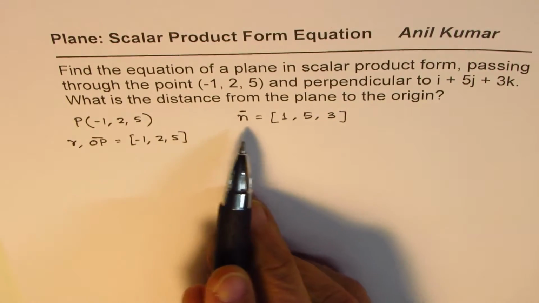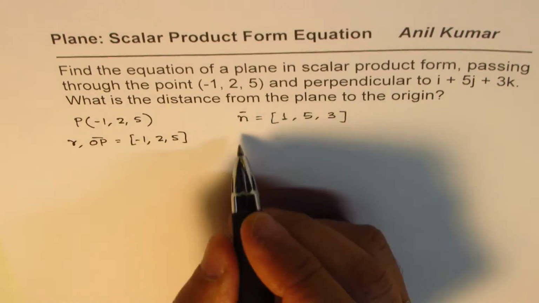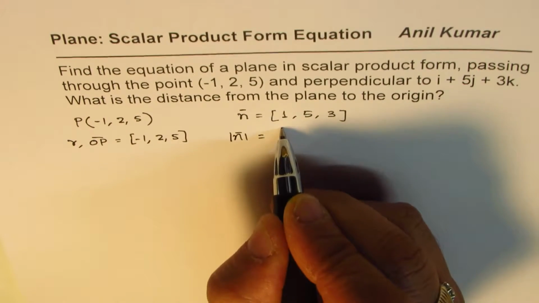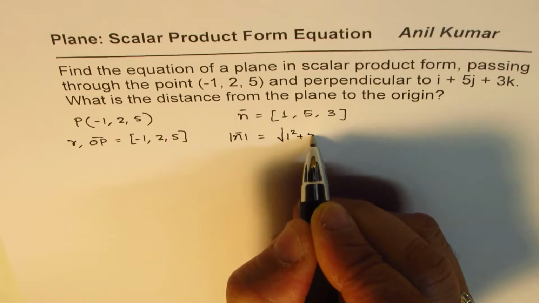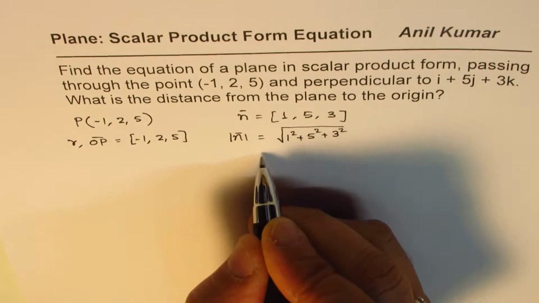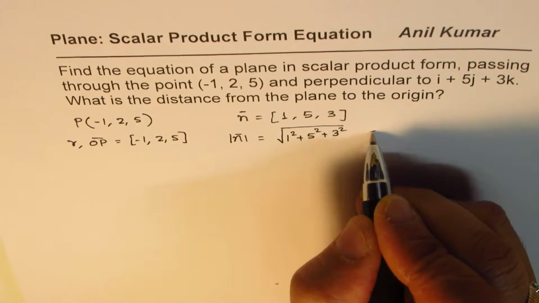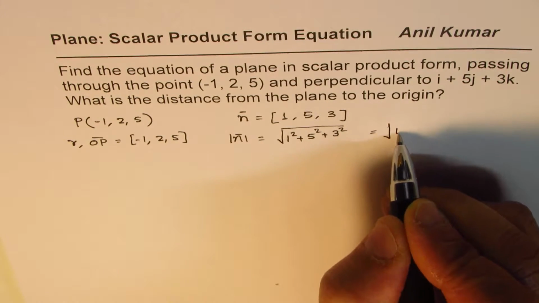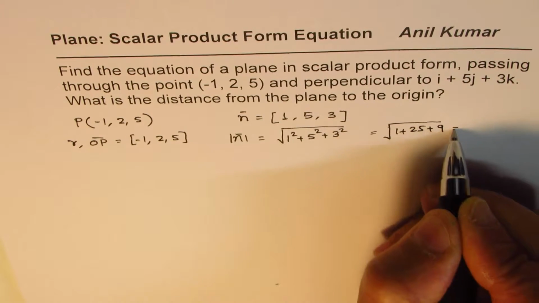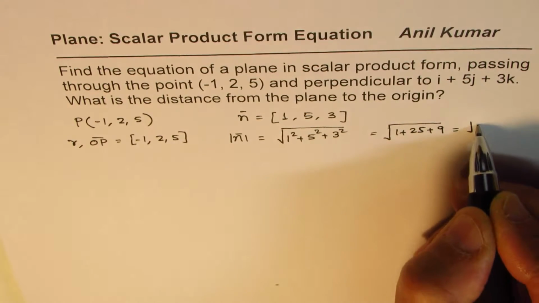We can always find the unit vector also in this direction. So the magnitude of this normal vector is square root of 1 squared plus 5 squared plus 3 squared, which is square root of 1 plus 25 plus 9, so square root of 35.